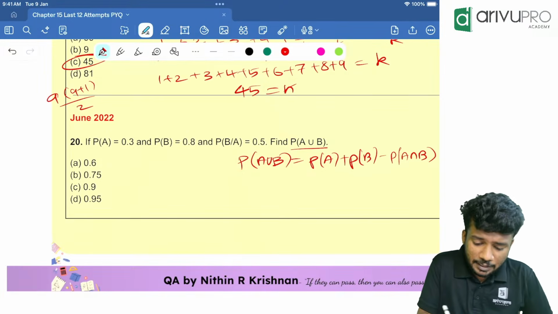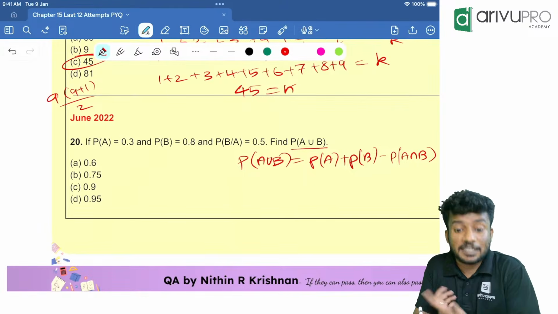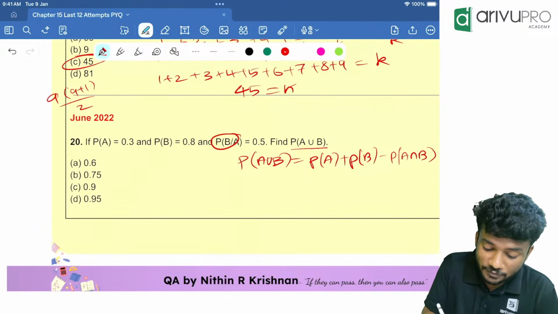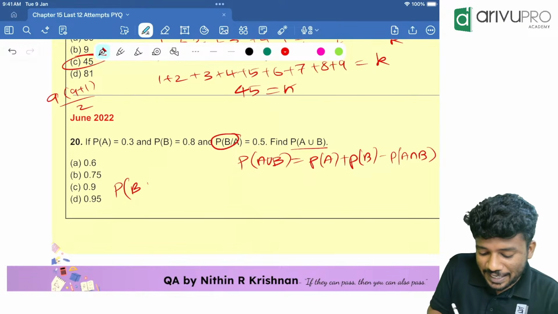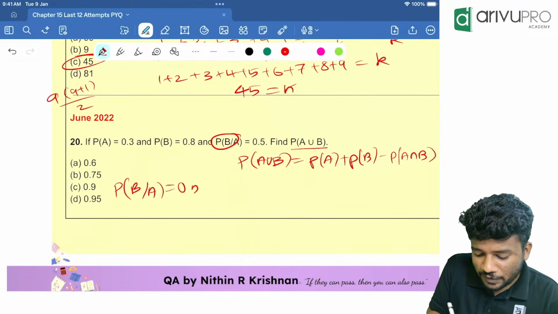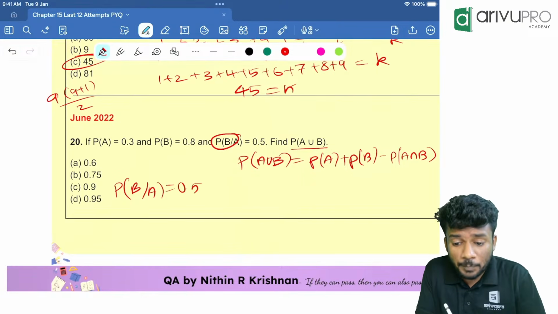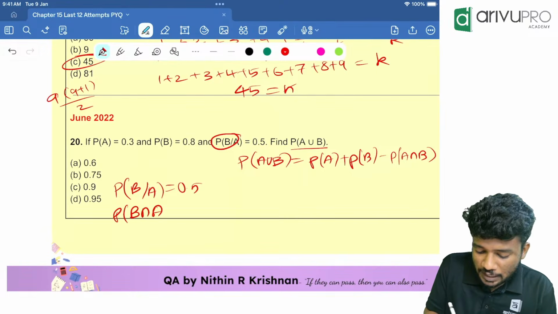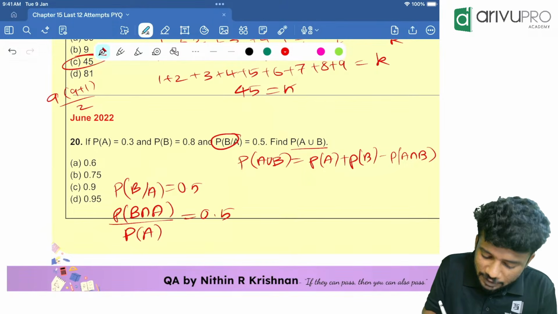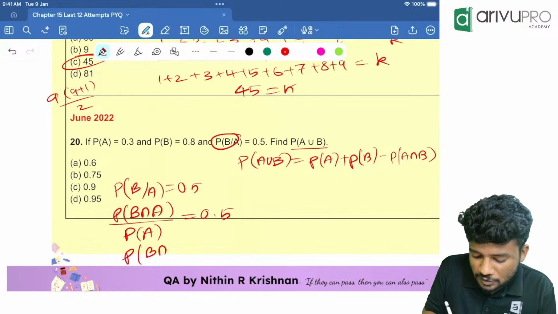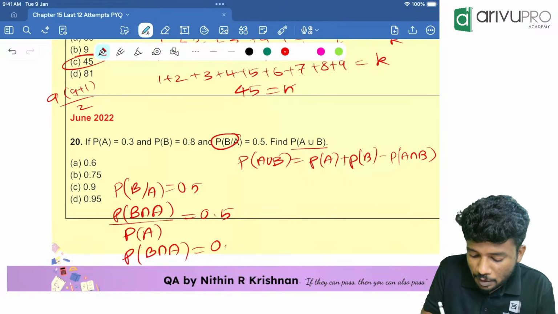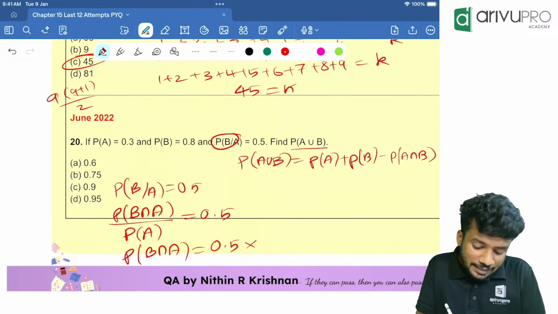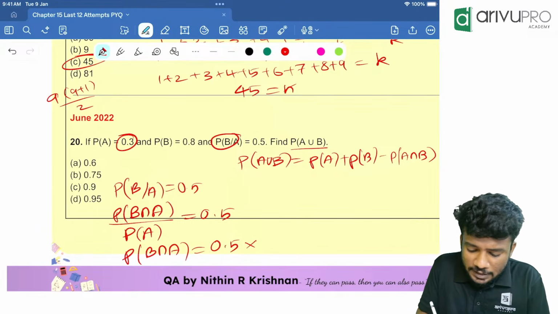P of A is there, P of B is there. We need to find P of A intersection B. For that, they have given this value. P of B given A is given as 0.5. What is the formula for B given A? That is nothing but P of B intersection A divided by P of A, which is equal to 0.5. From that, P of B intersection A is equal to 0.5 into P of A, which is already given, that is 0.3.